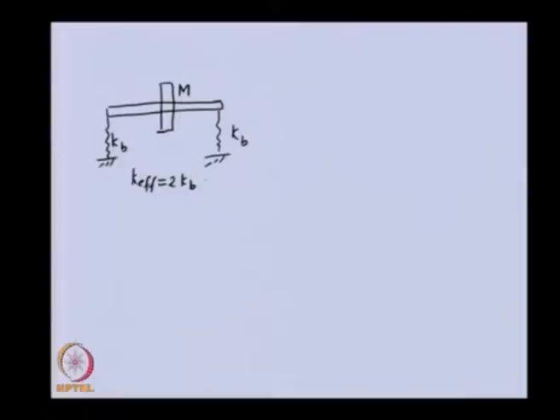If we take another model in which we take the bearings as rigid, and the shaft is flexible, at mid span we are mounting one rotor having mass m. The mass of the shaft is, let us say, negligible as compared to the mass of the disc at the center, and bearings are rigid.